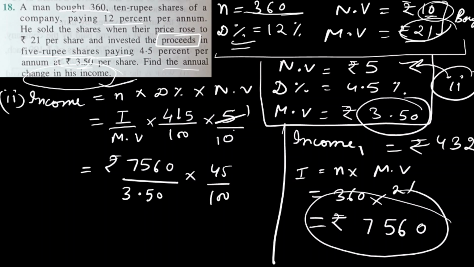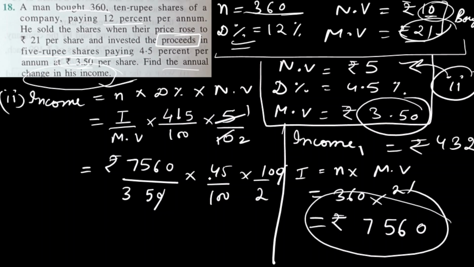This I can write 5 into 1, 5 into 2, so 1 by 2. If I remove the decimal from here, after the decimal there are 2 digits, so at the numerator I can write 100. Two zeros are there, so 10 and 10 will get cancelled.